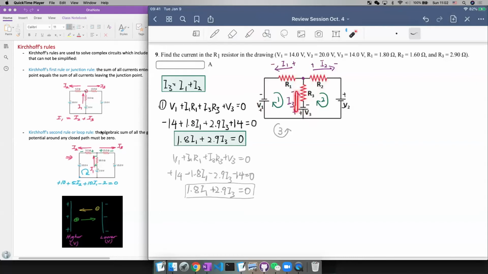So for this direction, this side is higher, this side is lower, right? So why would we need electric potential? Because we're going to use the second rule. In the second rule, we need to decide if it's a gain or loss using electric potential. So at the second rule, we don't need to know the direction at all because we already have the potential. We already have the product of the direction of the current. Does that make sense?